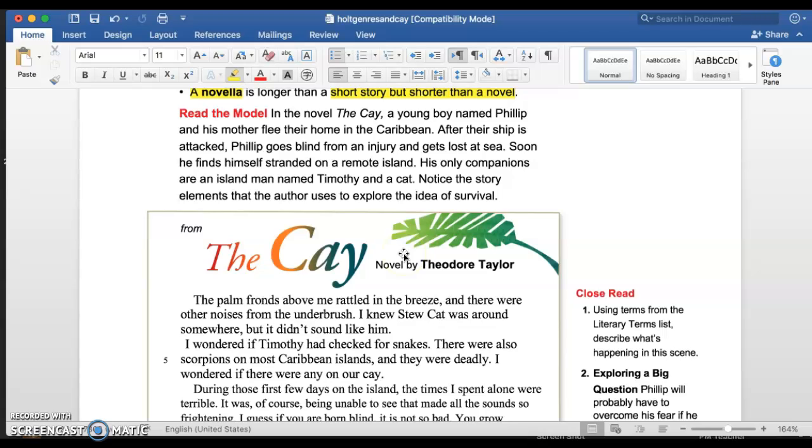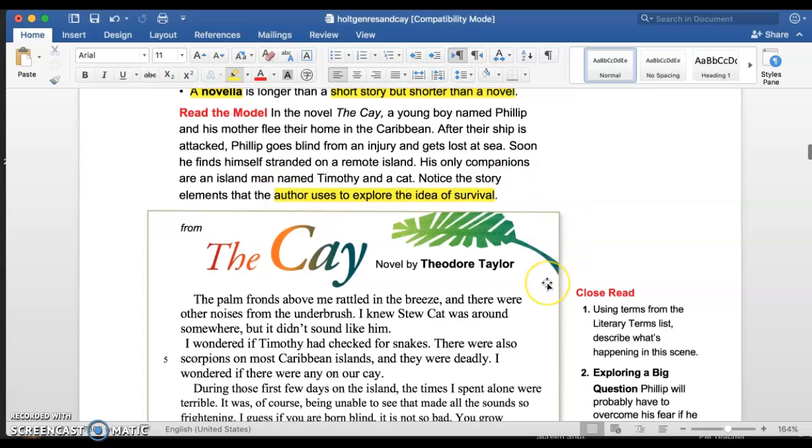After their ship is attacked, Philip goes blind from an injury and gets lost at sea. Soon he finds himself stranded on a remote island. His only companions are an island man named Timothy and a cat. Notice the story elements that the author uses to explore the idea of survival. Okay, well, if this is what the author's exploring, that's probably my theme.